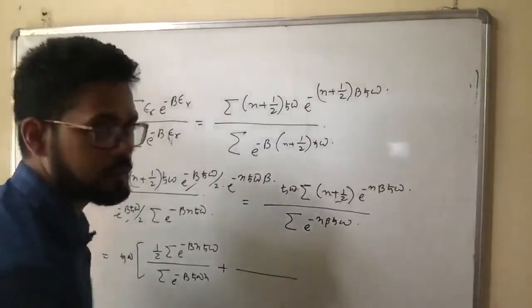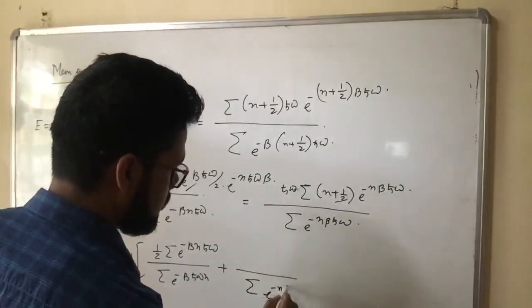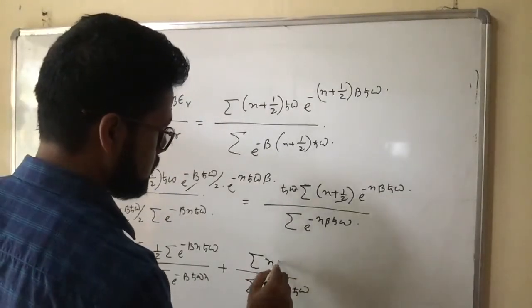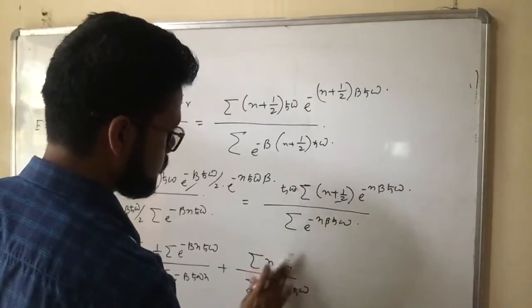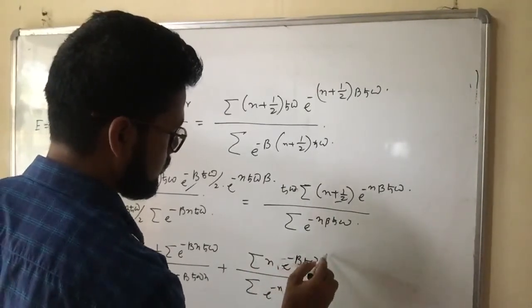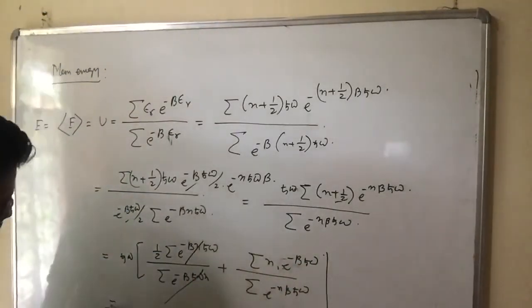Next term, this is a factorization method. Sum of nβħω, n is there, e to the power minus βħω. Now this term cancels, equal to how much?